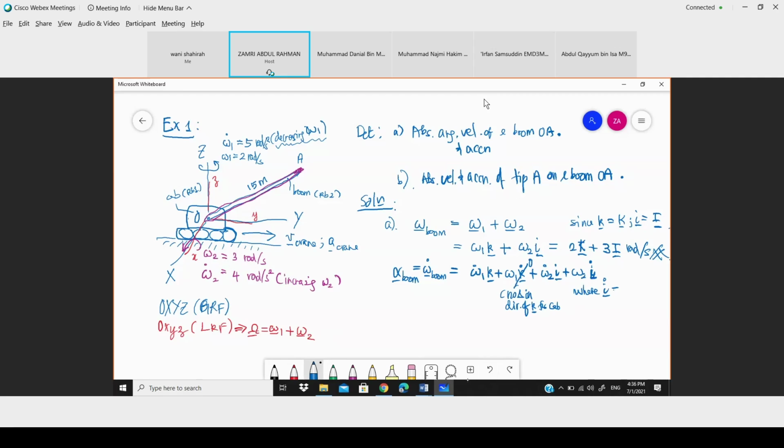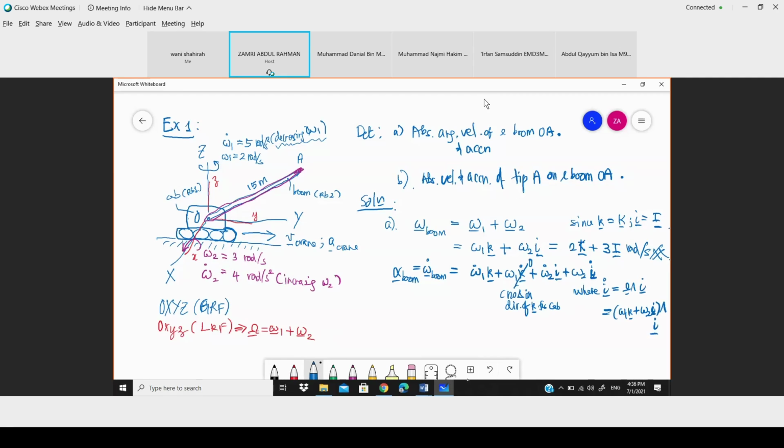Since we choose it to be like this, you can write down, this is going to be omega cross I, isn't it? So that is omega 1 small k plus omega 2 small i, cross with I. So what do you get?